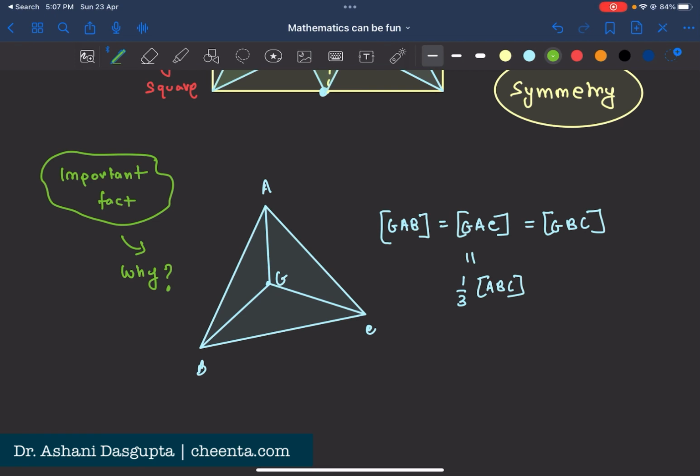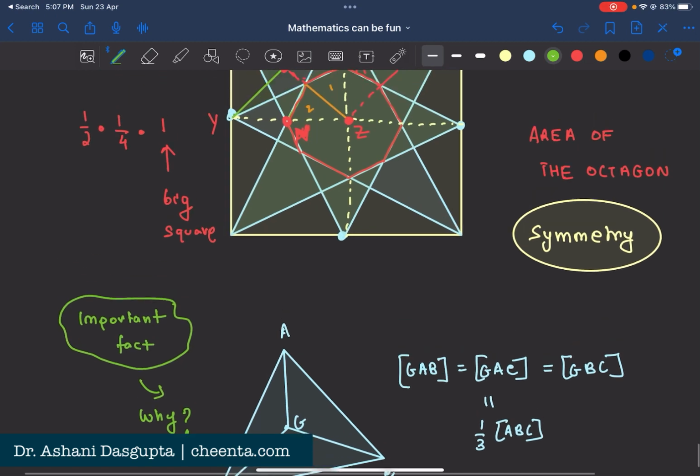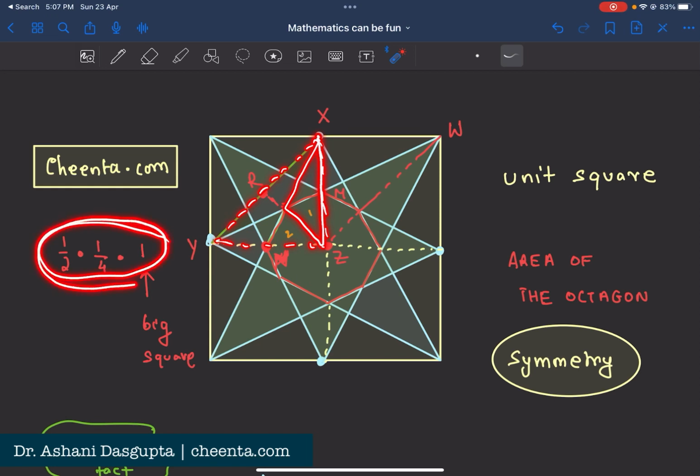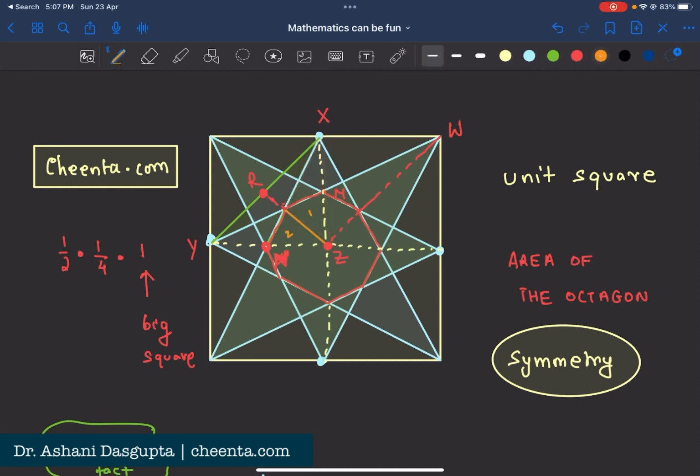Okay, so I will just directly use this fact actually. So this little triangle is 1/3 of this triangle, whose area we calculated here. So the little triangle here is 1/3 of the area of this bigger triangle XYZ.